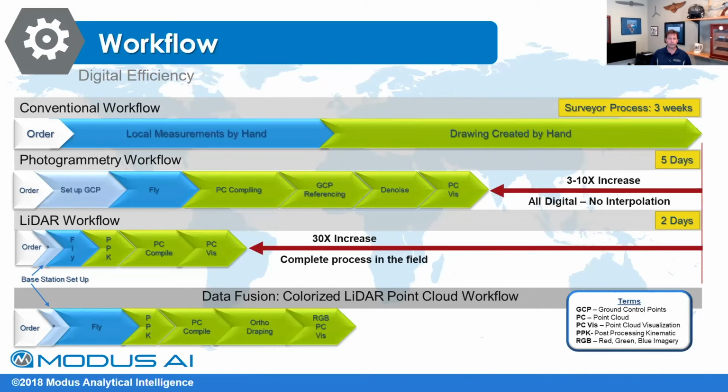It took me 30 minutes to set up, get my base station and all that running. With breakdown time, I had the data downloaded 30 minutes later, and had my first 3-dimensional point cloud or visualization for check really 30 minutes after landing, if not less. And I had a PPK solution, or a full refined solution, within 4 hours from start to finish. So that was my workflow to get to visualization.